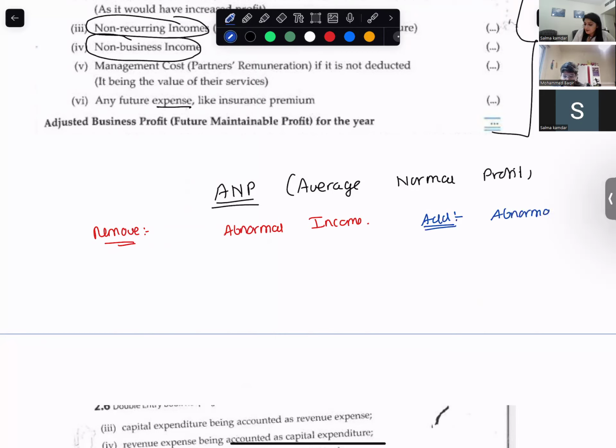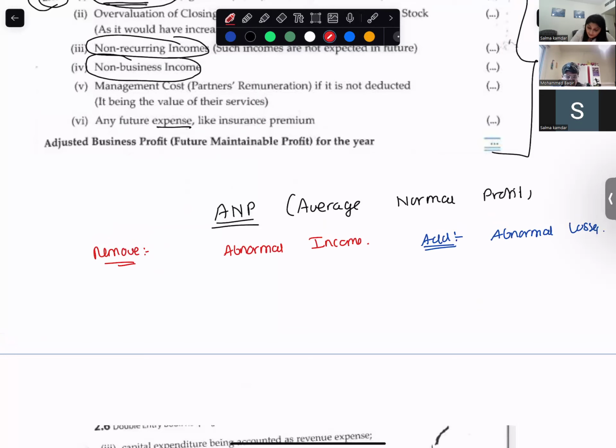You may remove what? Abnormal income, non-recurring income. So you will add back what? Non-recurring loss.